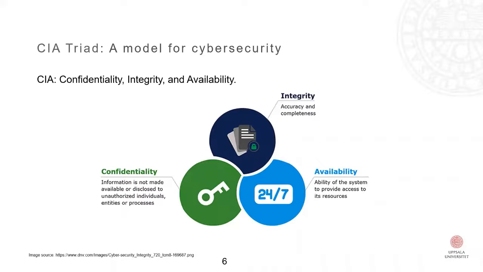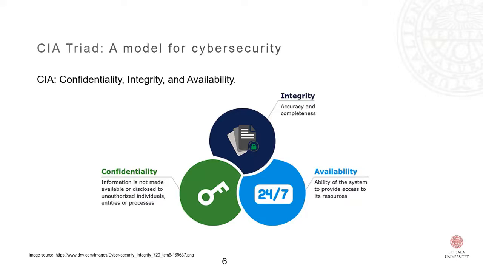Now we introduce a model for cybersecurity called the CIA triad. In this model, we have three points. One is called confidentiality, the other is called integrity, and the last one is called availability. In confidentiality, we want to protect data from people who should not have access to them.